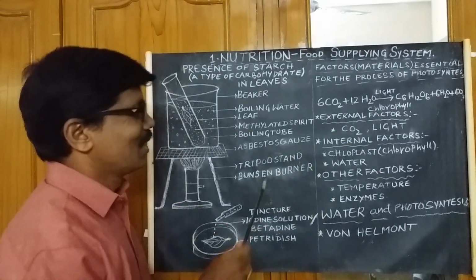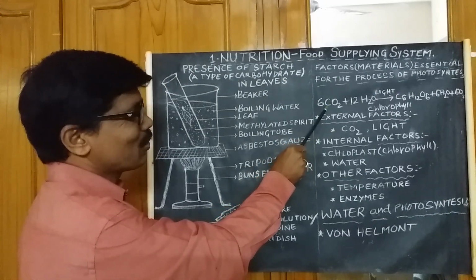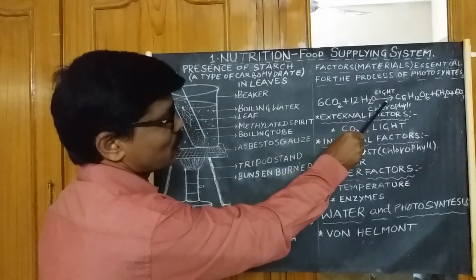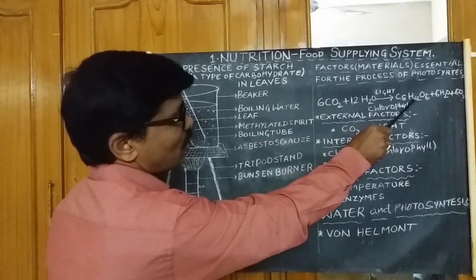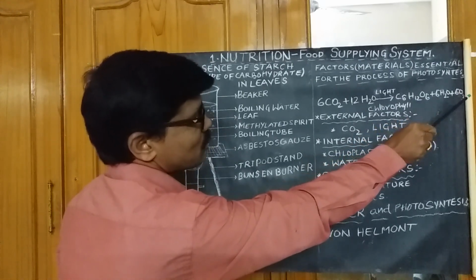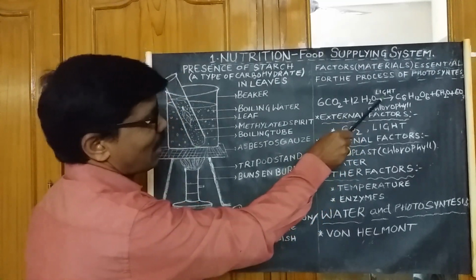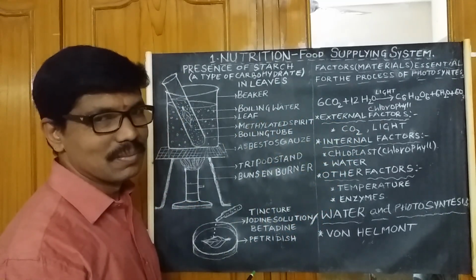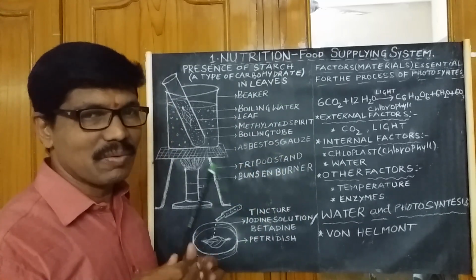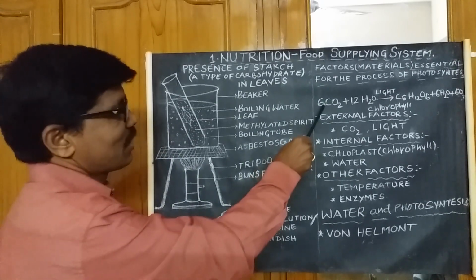You know the equation of photosynthesis: 6CO2 + 12H2O gives C6H12O6 + 6H2O + 6O2 in the presence of light and chlorophyll. This is a very important equation. Already you know it is given by Robert Hill. This is the balanced equation.